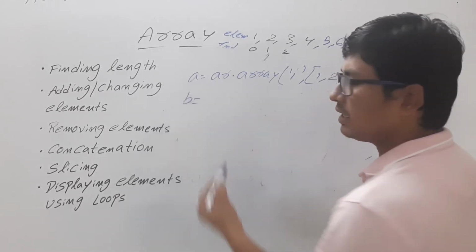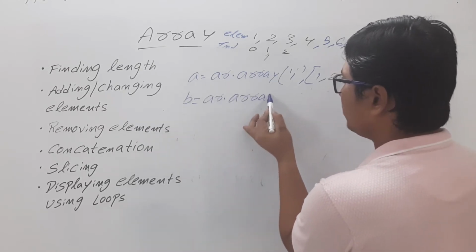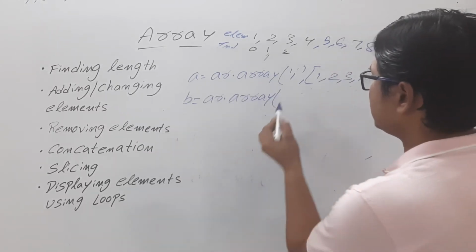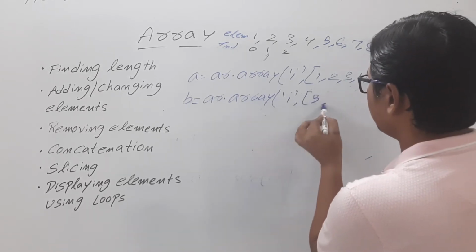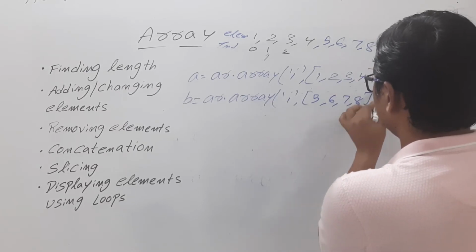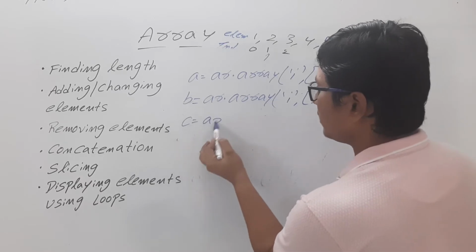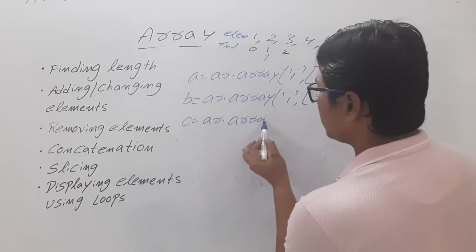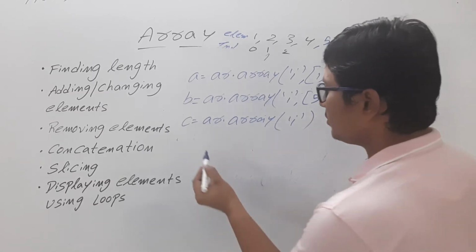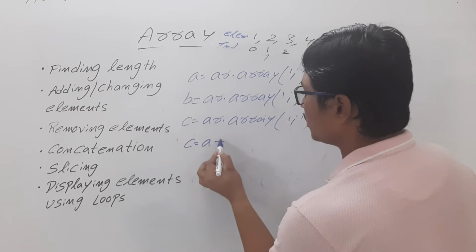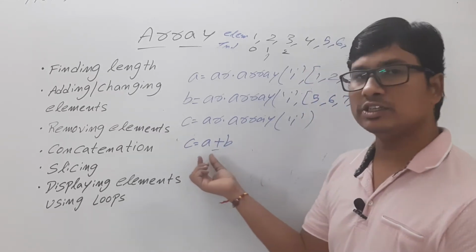Then I have created one more array called B, which is also a collection of integers, with elements 5 6 7 8. Are you able to understand? I have created one more array, arr.array, where I am not providing any elements. Instead, I am writing C is equal to A plus B. So this plus will perform the concatenation between these two arrays.